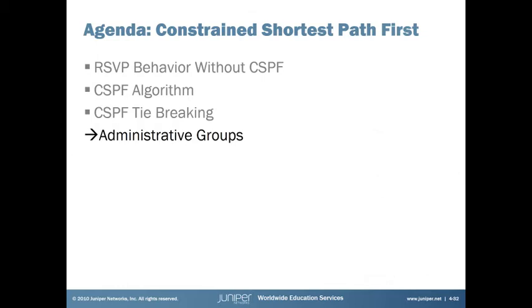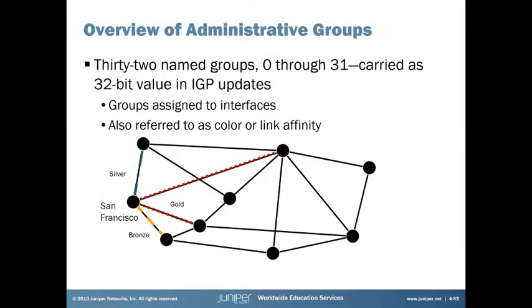Okay, let's get into these administrative groups. What we have available to us is a total of 32 named groups, 0 through to 31. They're carried as a 32-bit value in the IGP updates, and the groups are assigned to interfaces.